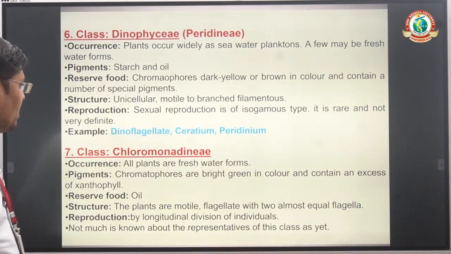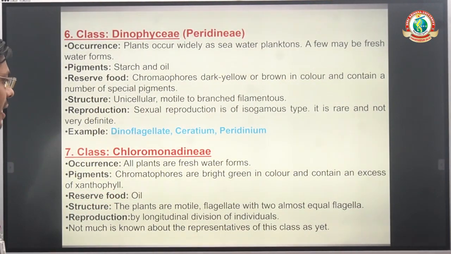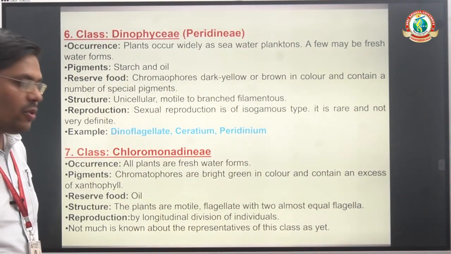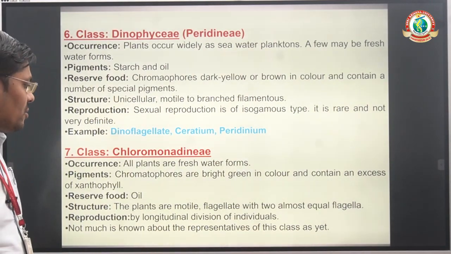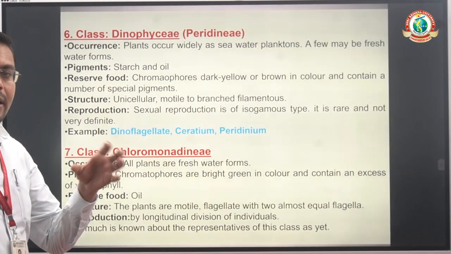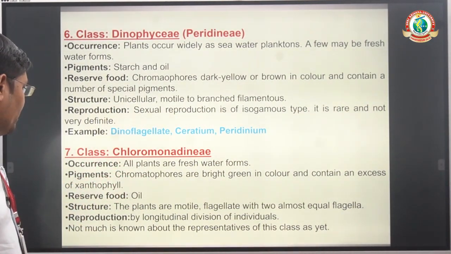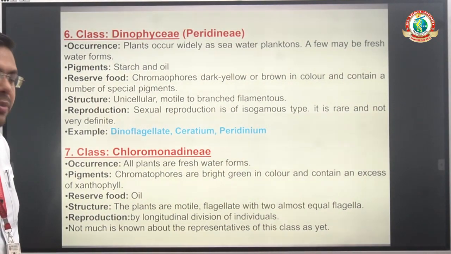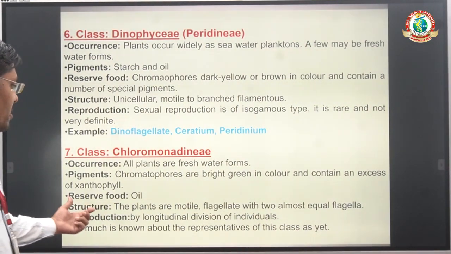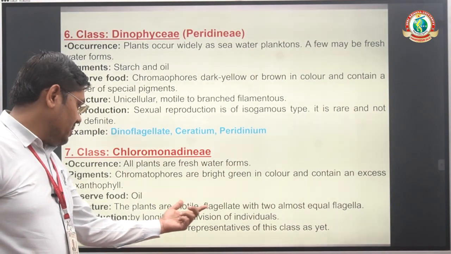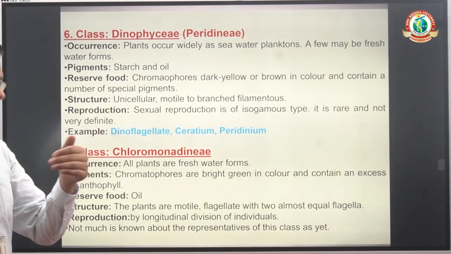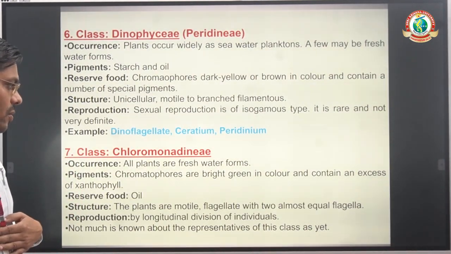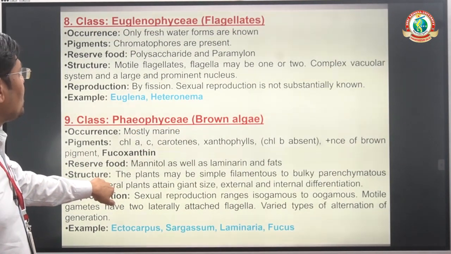Next class is Chloromonadineae, and these are generally found in freshwater forms. The pigments are chromatophores, which are green in color, so the bright green thallus appears, and the reserve food material is in the form of oil droplets. The structure is motile flagellate, and reproduction is by longitudinal fission.